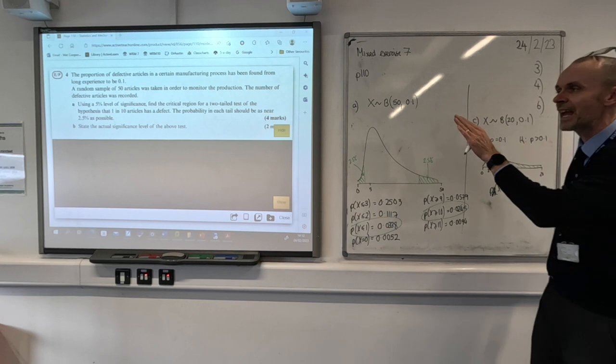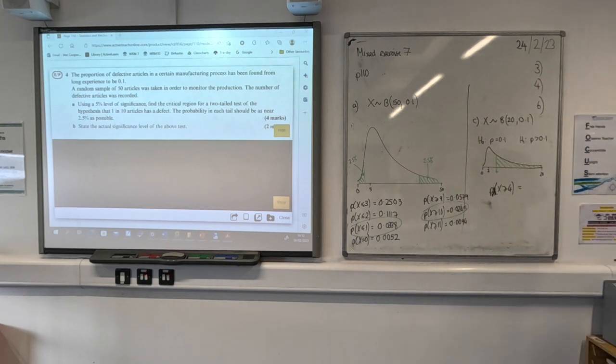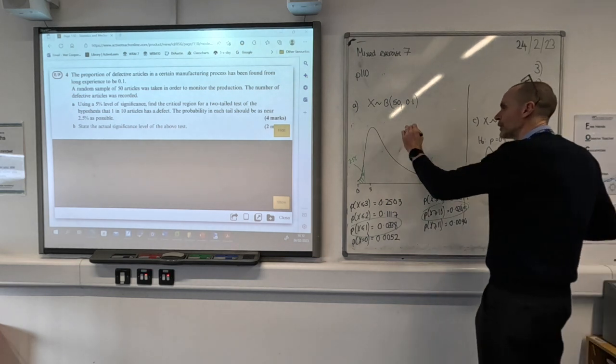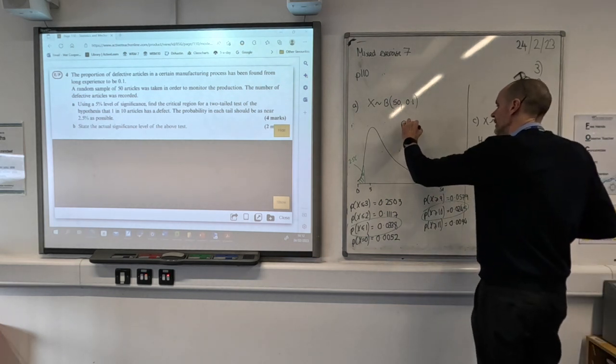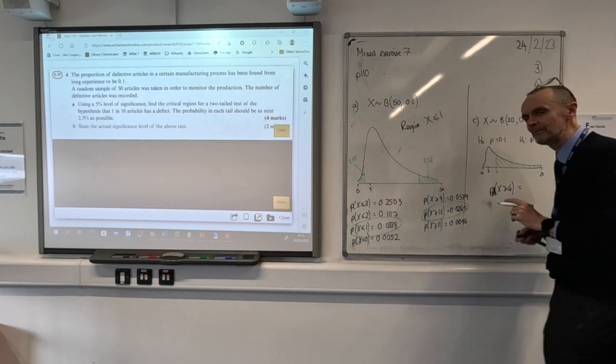So because they've got that extra sentence, the probability in each tail should be as near as possible, the critical value in this case is 1. So the critical value is 1, and the critical region is x is less than or equal to 1.